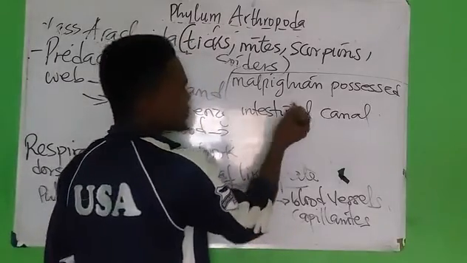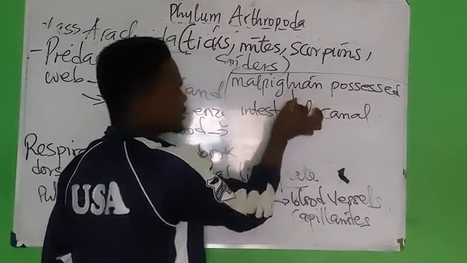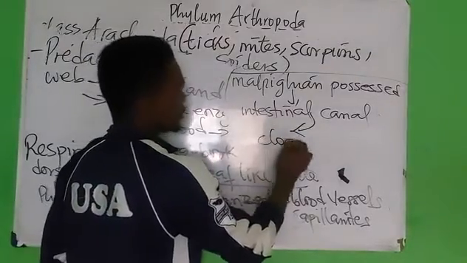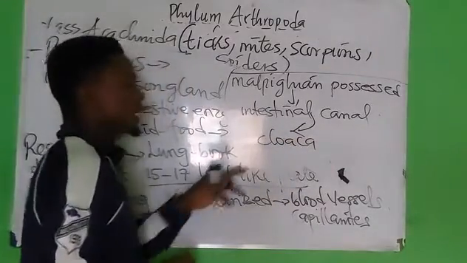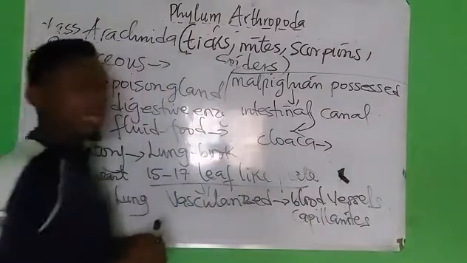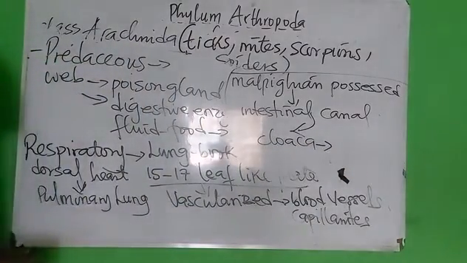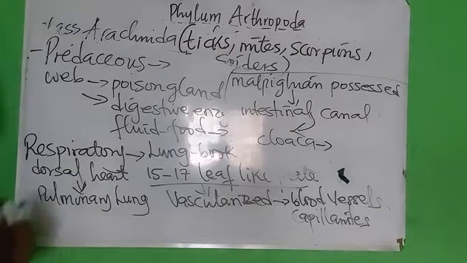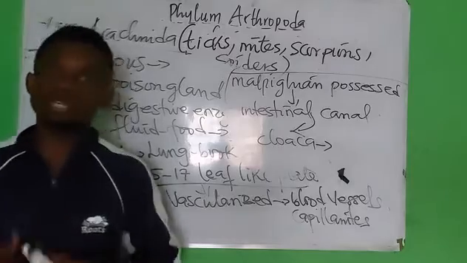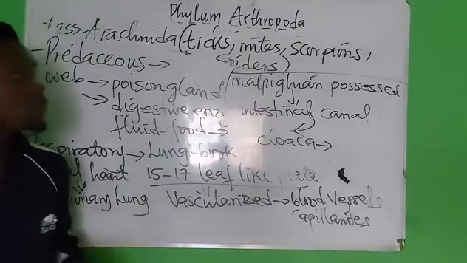And this Malpighian tube that is connected to the intestinal canal opens to the cloaca. Of course, the cloaca is where waste products or excretory products are excreted from the body of the organism.